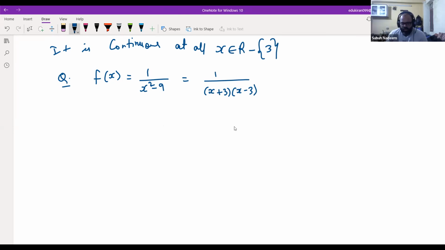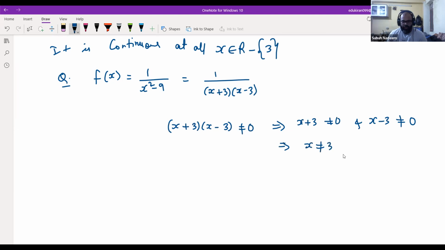Now again here the issue is the denominator. That denominator, x plus 3 into x minus 3, should not be equal to 0. That means x plus 3 should not be equal to 0 and x minus 3 should not be equal to 0, which means x should not be equal to minus 3 and x should not be equal to 3.